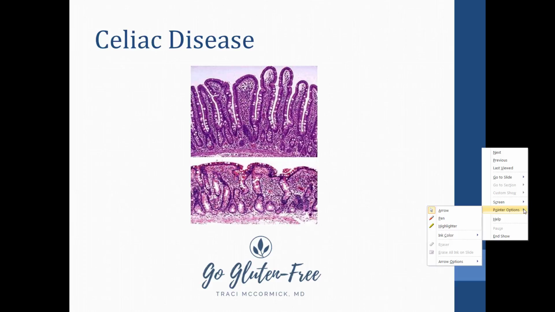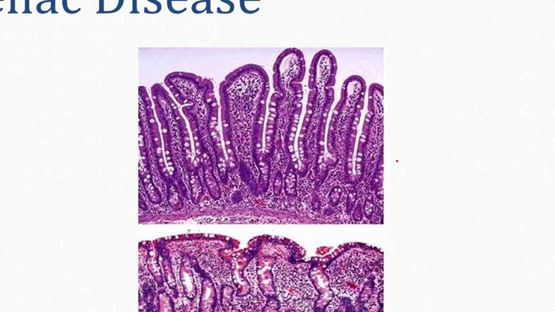Let me get a pointer so I can show you. Your normal intestine normally looks like this. And we have these little villi that go in and out and in and out. And all of these little cells here lining the villi of the intestine soak in all the nutrients that we need out of our food.